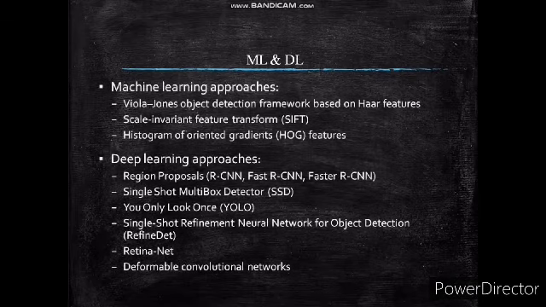Now let's move on to ML and DL, which literally means the machine learning and deep learning approaches. Machine learning refers to a system that can learn from experience, and deep learning refers to a system that learns from experience on a large data set.